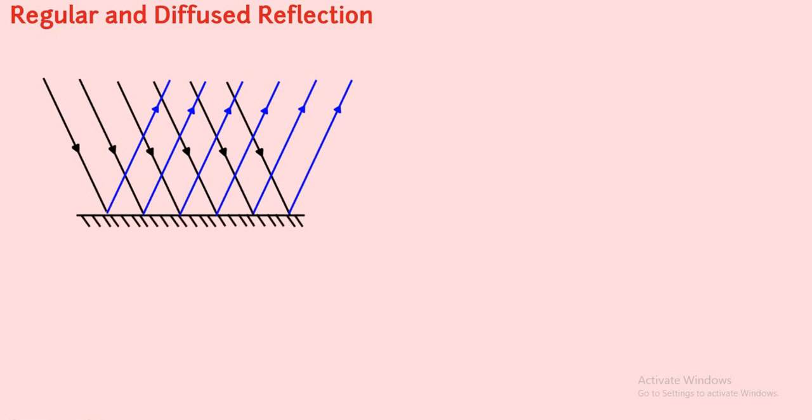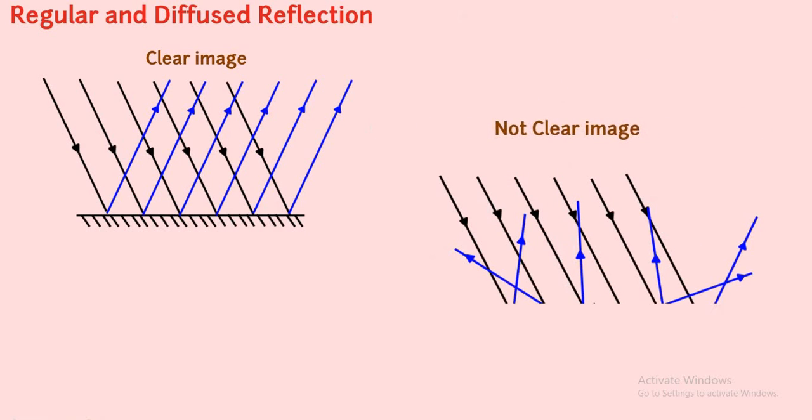Regular and diffuse reflection. You might wonder why reflection from a plane mirror can form a clear image of an object but reflection from others can't. Well, the reason lies in the fact that the surface of a plane mirror is regular.